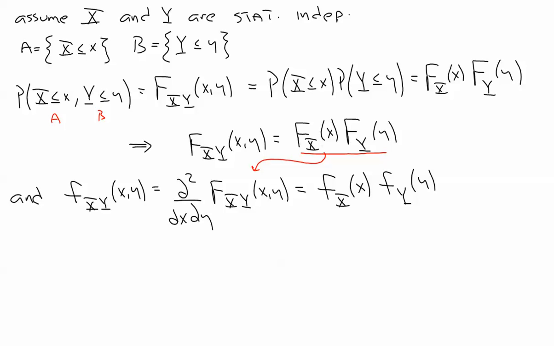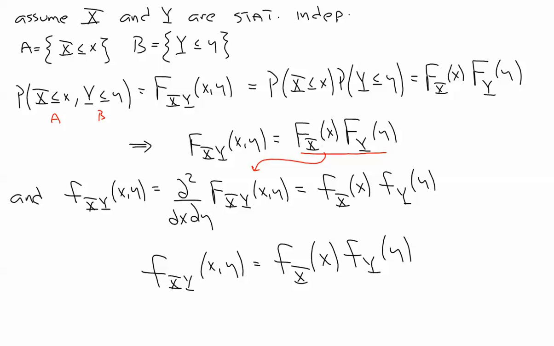So if x and y are statistically independent, I get that my joint PDF equals the product of marginal PDFs, and that is also another important result for today. Okay?